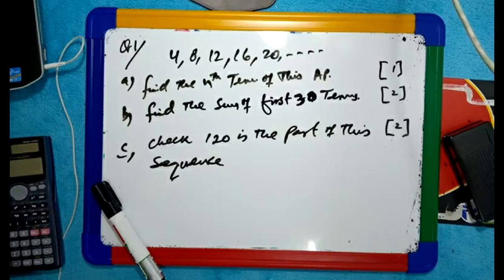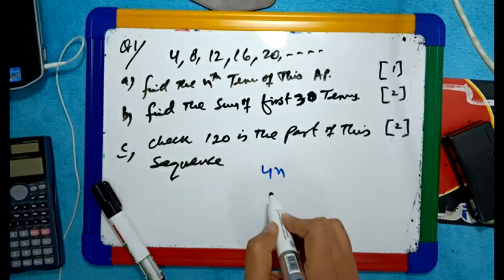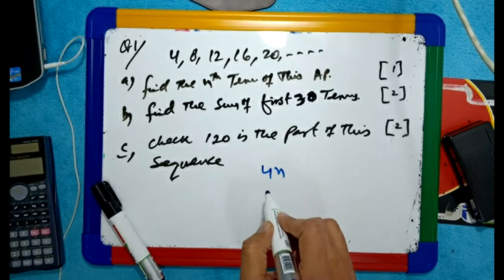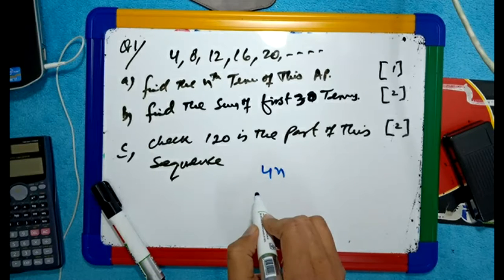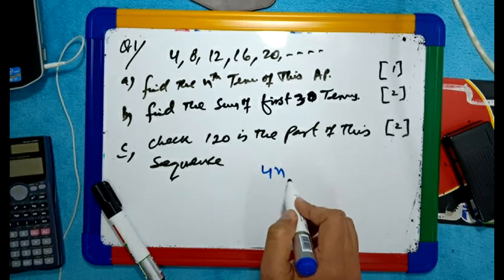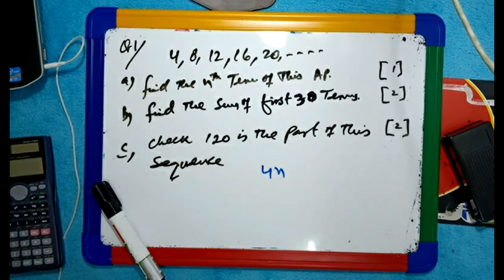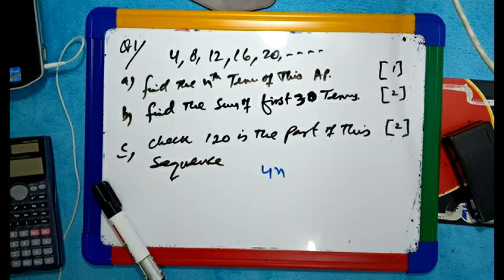So first you tell me what is the nth term. The nth term is 4n plus 1. If I put 1, what will I get? You get 5. Oh wait, I did it wrong. What did I do?